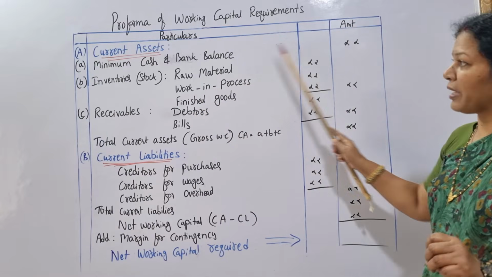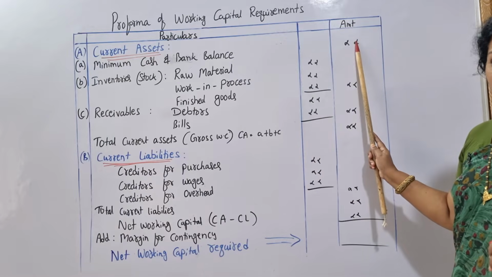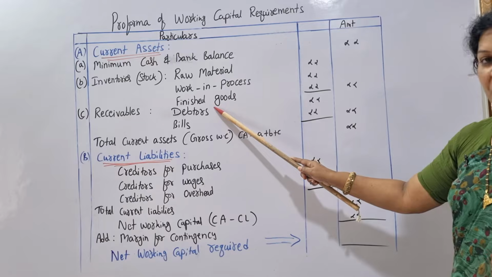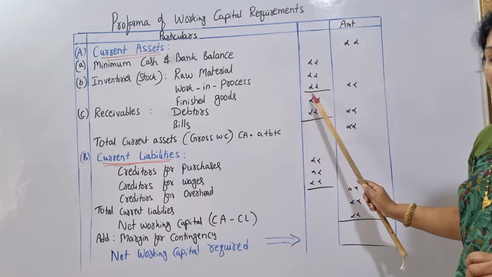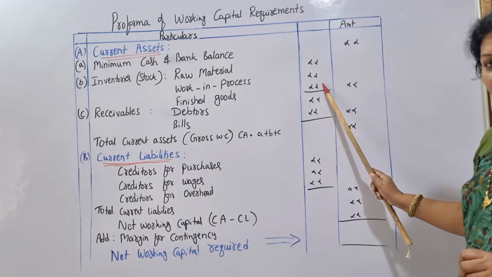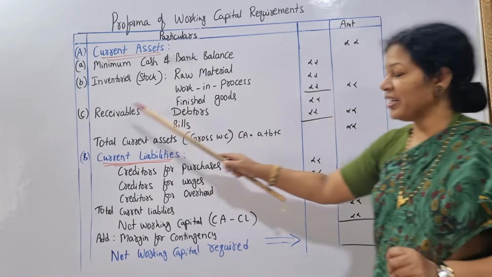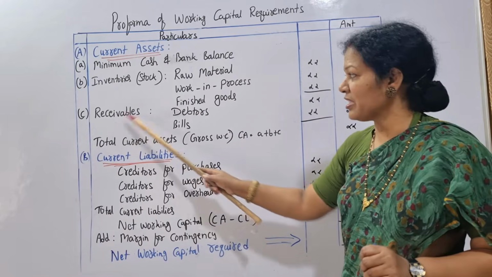So first, minimum cash and bank balance we have written on the outer column, and inventories, raw material, work in process, finished goods are written in the inner column, and these three we add and put on the outer column.